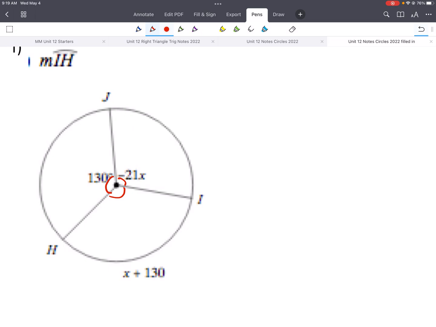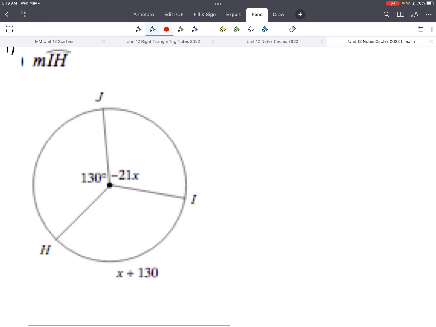All right, so basically we have the information for all the angles. So what do all of the angles of a circle do? Well, they add to 360. So we could do 360 equals 130 plus negative 21x plus x plus 130.